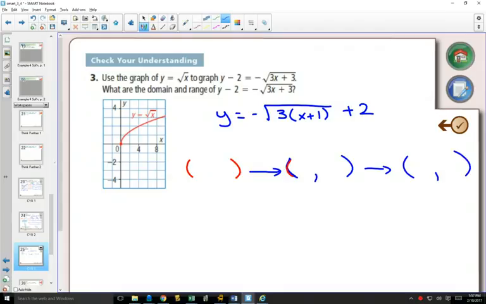We have a negative outside. That's going to multiply y by -1, and we're going to multiply our x values by 1/3. So any reflections get put with the stretches and compressions. Then we have 2 translations. We're going to go left 1 unit and up 2 units.